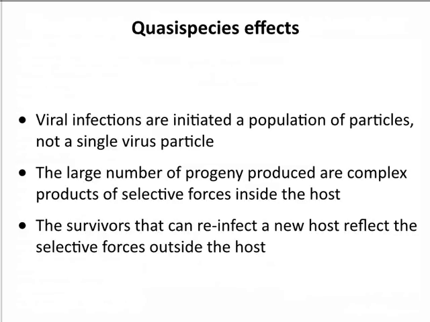This is one of the main reasons why evolution occurs so quickly, because you infect the host with a huge array of different virus sequences, this quasi-species, so you immediately have the ability to evolve within a single host. You select for whatever is good for the moment, and then that moves out and infects another host.